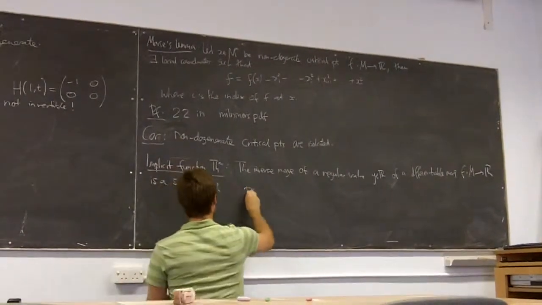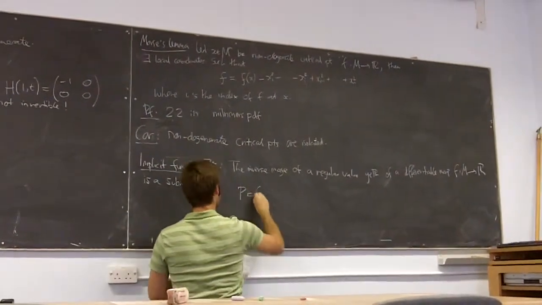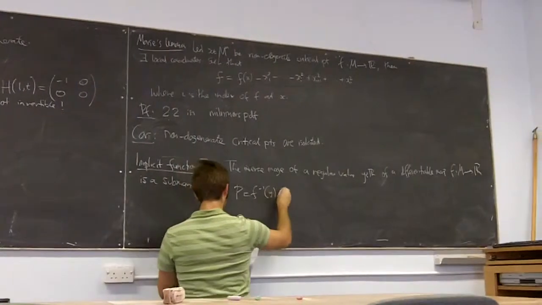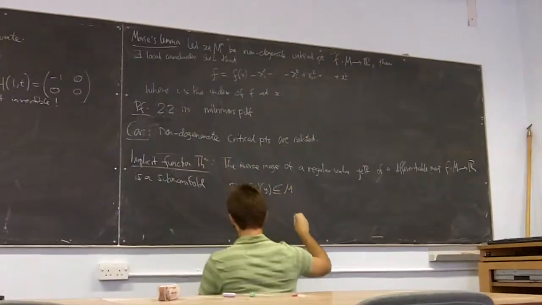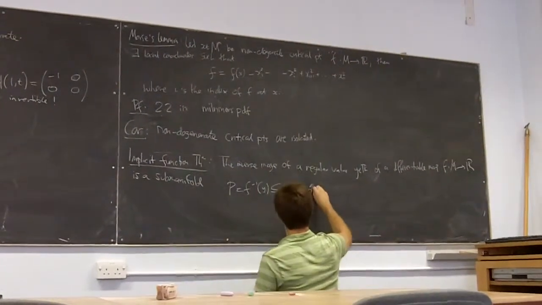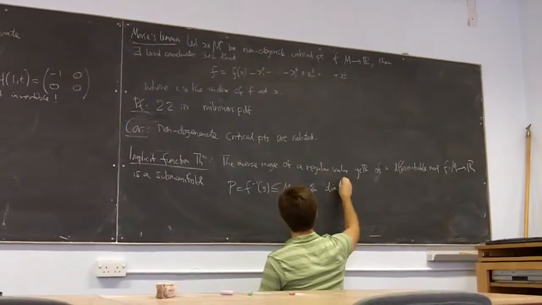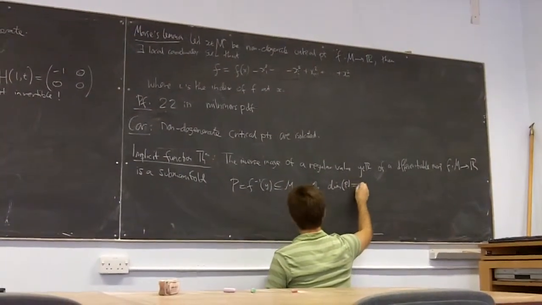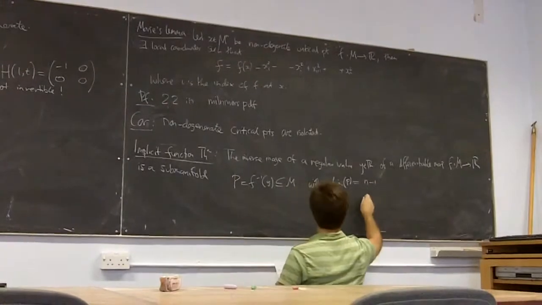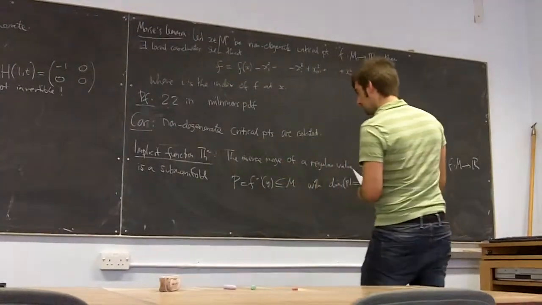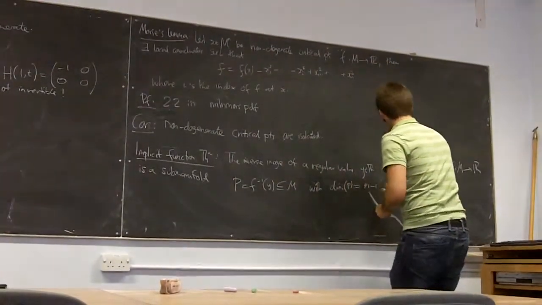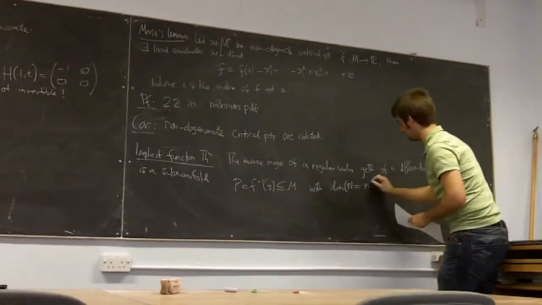So this is called E, yeah? With the dimension of this submanifold equals, it's an M, yeah. Here's an M. Stick to that.